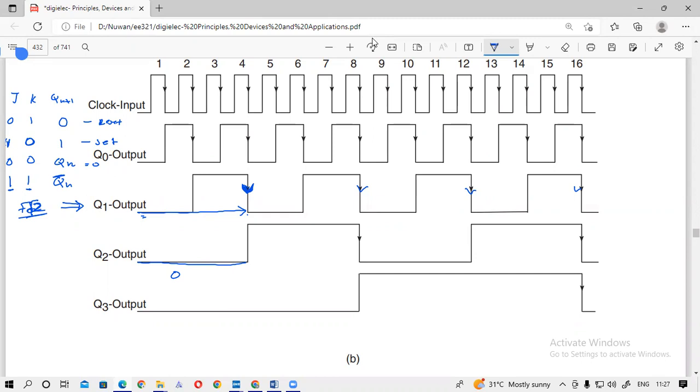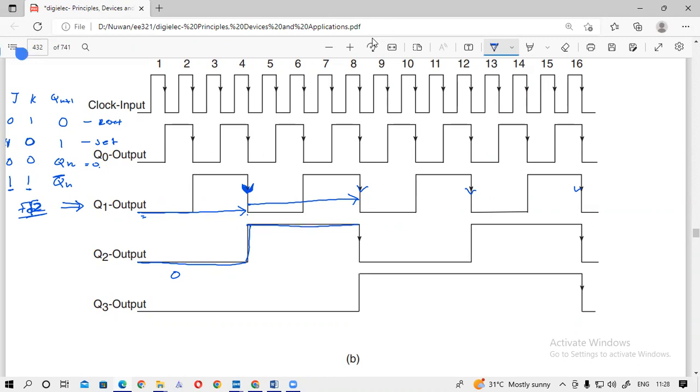Previously it is 0, and now it will be Qn bar, that means 0 bar, so it will be 1. The output will remain until the next falling edge.